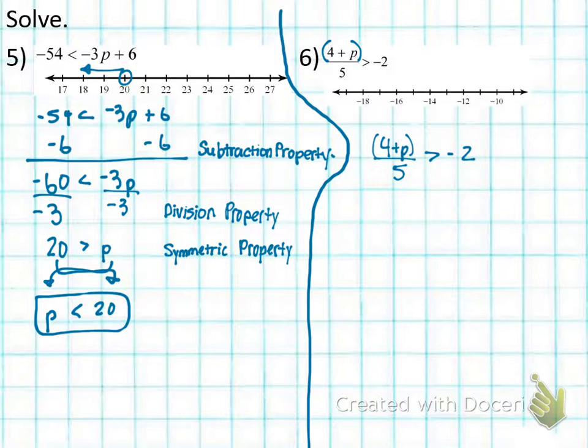Okay, so we're going to multiply by 5, both the left and the right hand side. When we do that, we got 4 plus p is greater than, what's negative 2 times 5? Negative 10, okay. Good. Now the parentheses go away because the 5's canceled out.